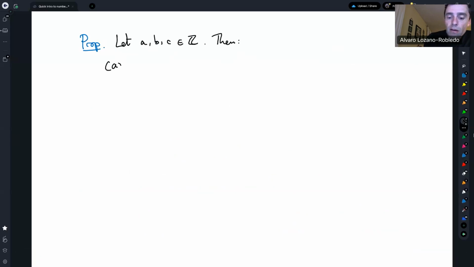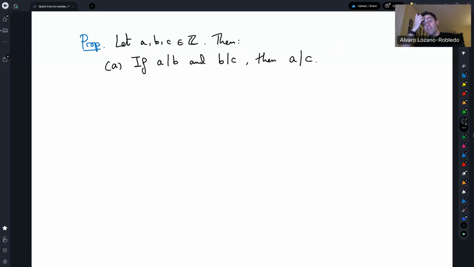First, if A divides B and B divides C, then A divides C. That means the property of divisibility is transitive, which we usually call transitivity.